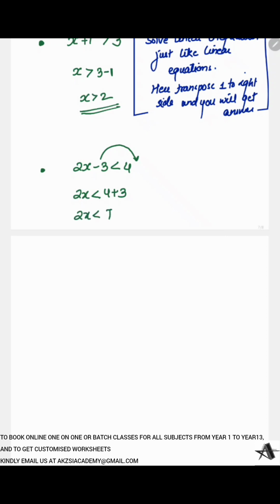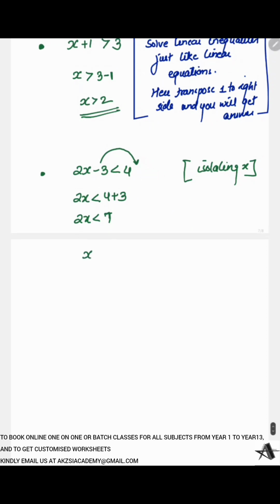Still x is not isolated here. What I'm doing is isolating x. You need to divide by 2, because 2 is still in multiplication with x. So dividing both sides by 2, you'll get x less than 7 over 2. So this is our linear inequality. This is how you can solve it.